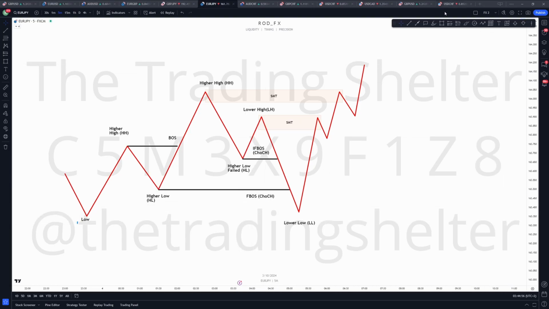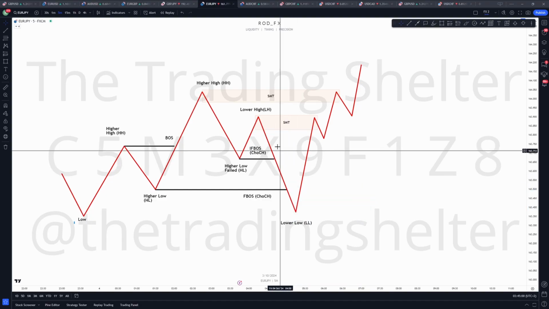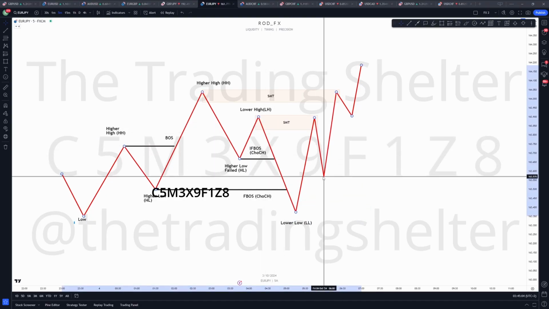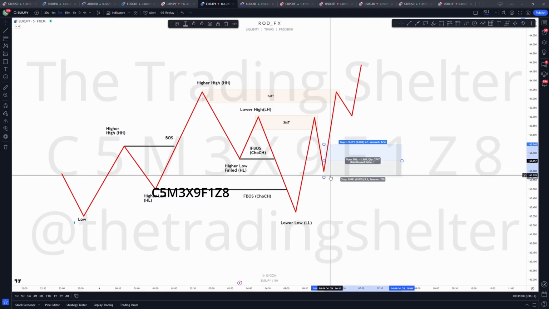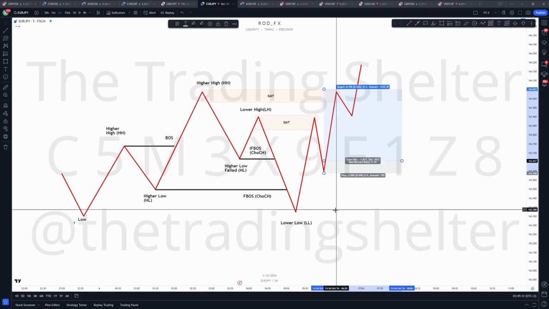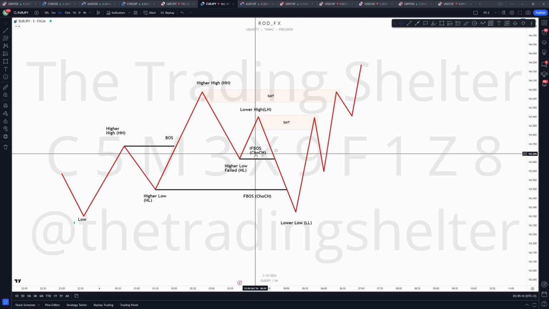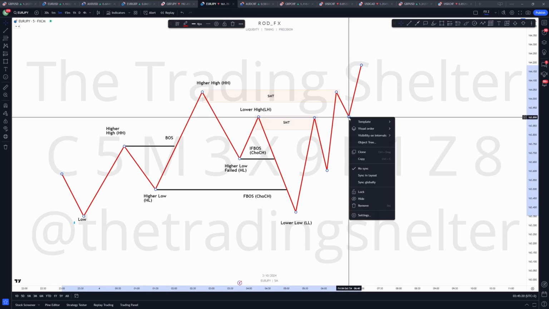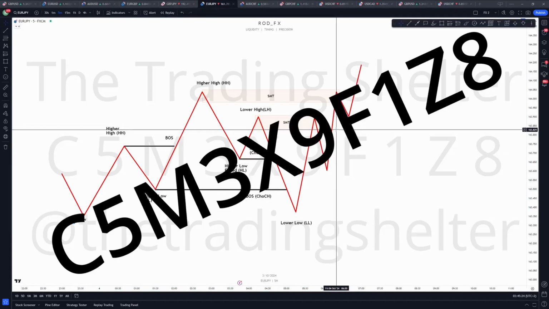Because imagine that you don't have a buy here, right? And this SMT provides a huge reaction, and maybe you can get a buy from here, right? So it is very important to identify both of them to understand that you will potentially get a better reaction or a new trade opportunity.